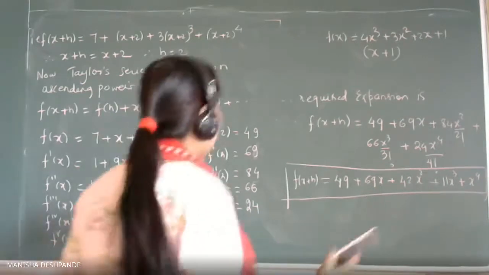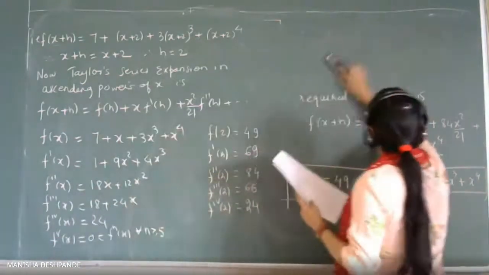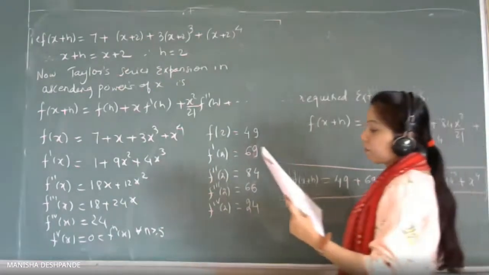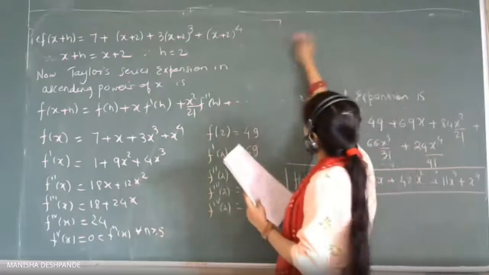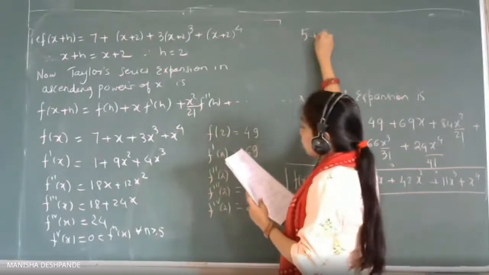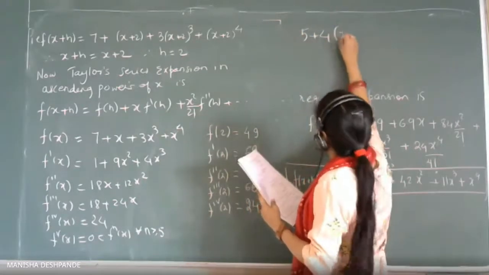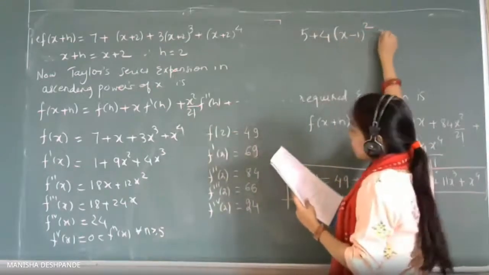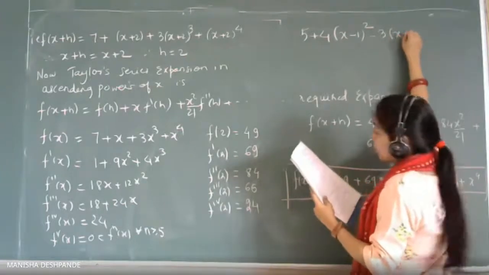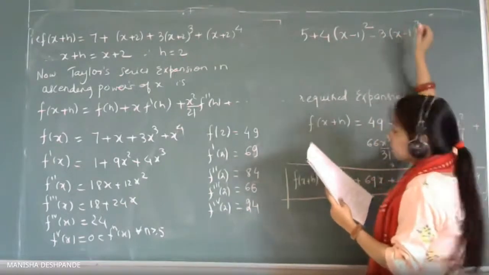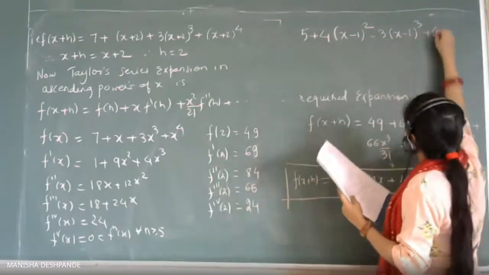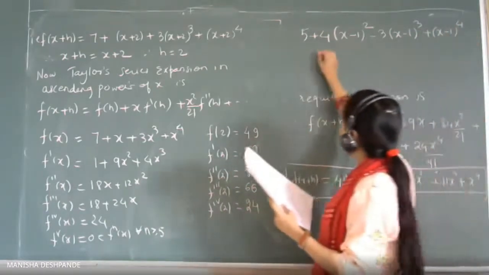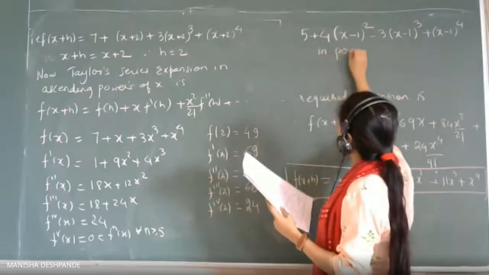Using Taylor's theorem, express 5 plus 4 times (x minus 1) the whole square, minus 3 times (x minus 1) the whole cube, plus (x minus 1) raised to 4, in powers of x.